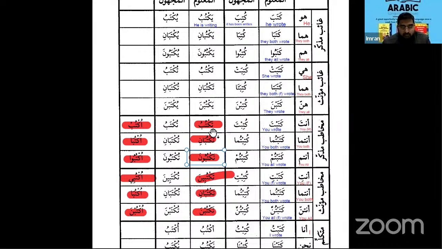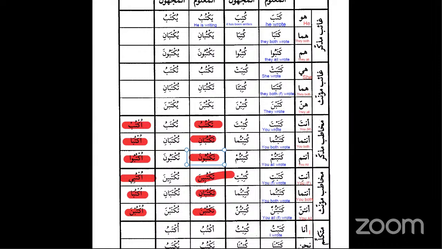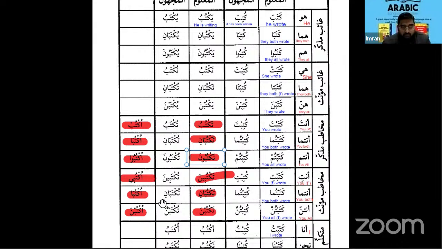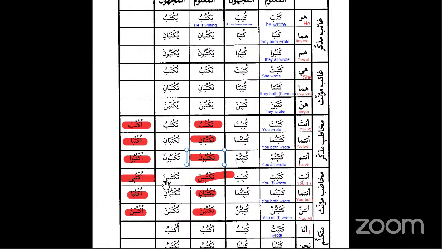In place of ta, you have to bring alif because kaf is sukun. So it will be aktubu, because if the third letter of kataba is dhamma, then the imperative alif will carry dhamma. So it will be uktub, and the ba, the last letter, has to be on sukun in every imperative word. Excellent.